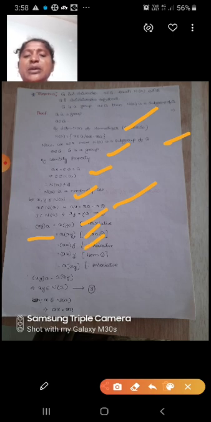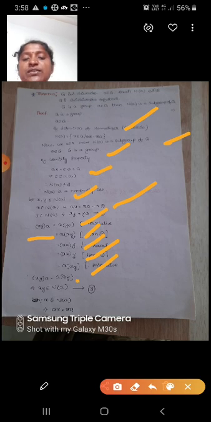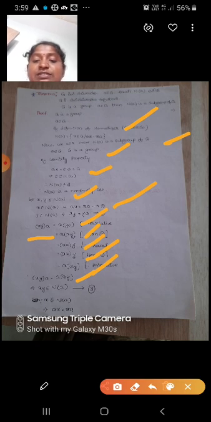Again by associative property, XA into Y. Again we can write XA equal to AX, so AX into Y. By associative property, A into XY. Therefore XY into A equals A into XY. So XY belongs to N of A.